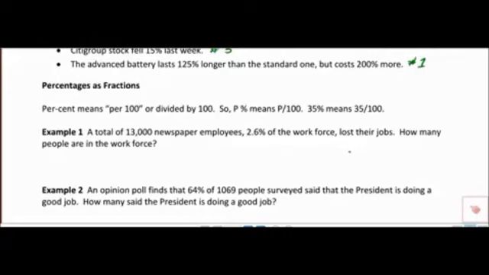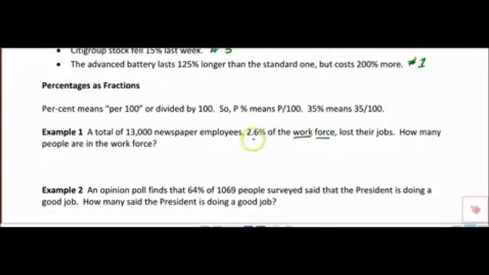The question is, how big was the workforce, where 2.6% of that number was 13,000 employees? So I'm going to set up a little algebraic thing to work on this. I'm wanting to find out what the workforce is. How many people were there to begin with, and we lost 13,000 of those.